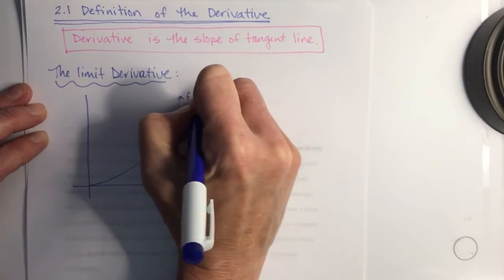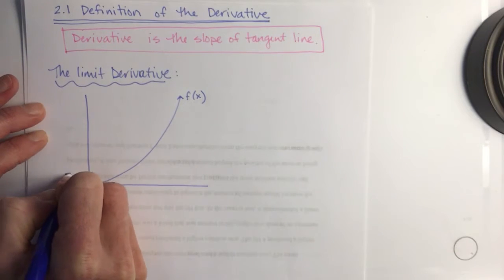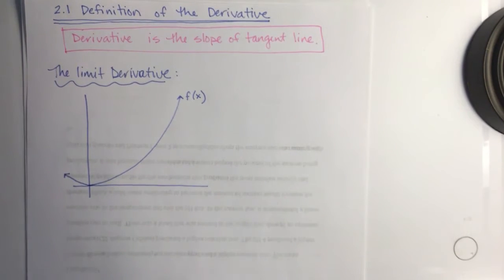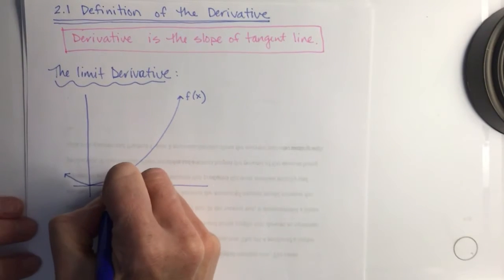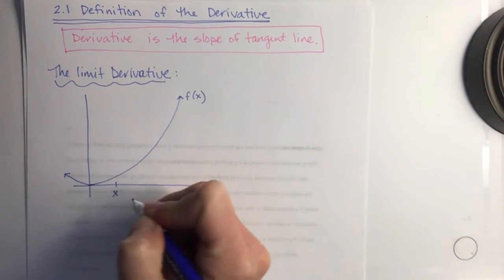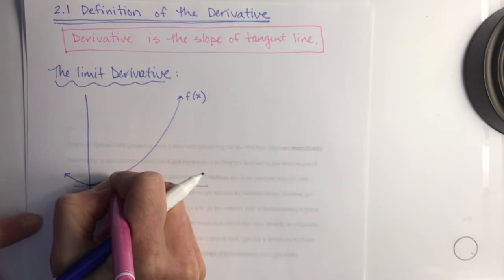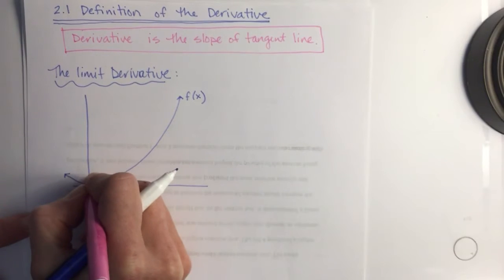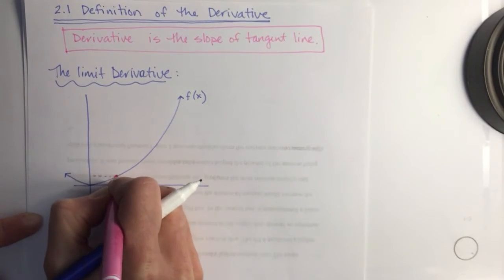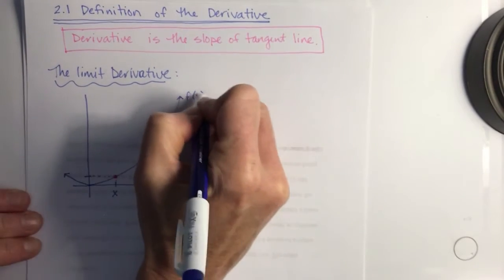We're going to just call that f of x. Looks like a parabola, right? And we're just going to arbitrarily call this point x. So if this distance is x, then the y value here is f of x.